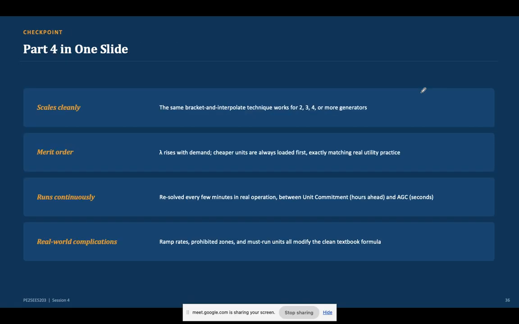So what we learn from this point is that the practical side of the method, the bracketing and interpolation procedures, does not depend on having exactly two generators. What changes with the system size is the amount of arithmetic, not the underlying idea. The idea remains the same.